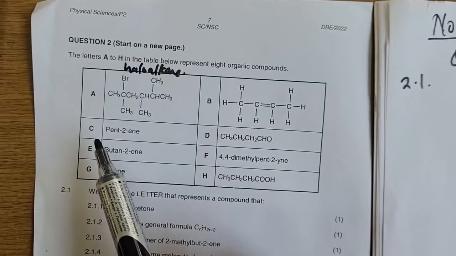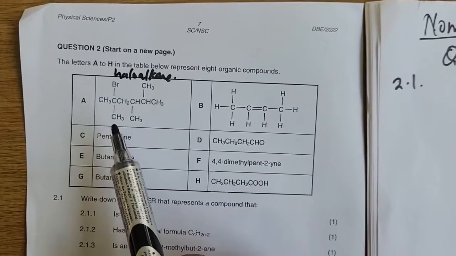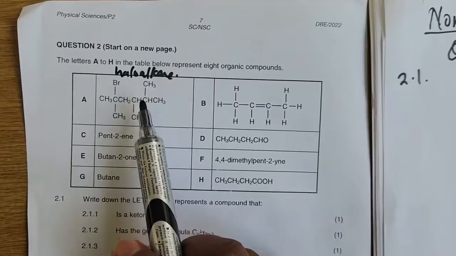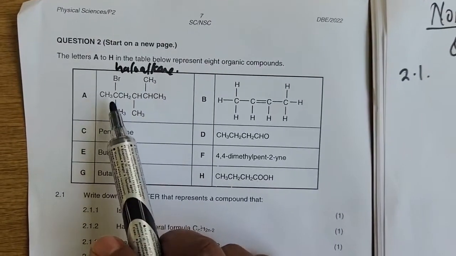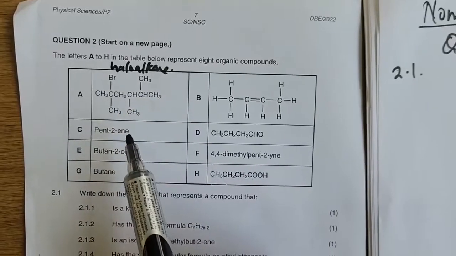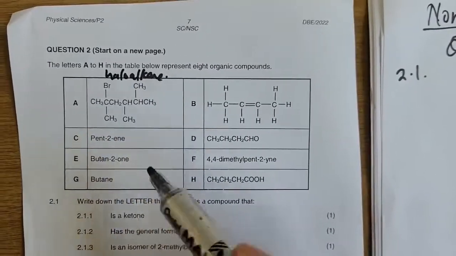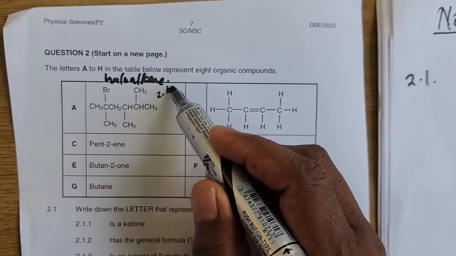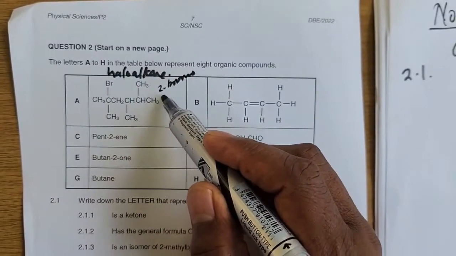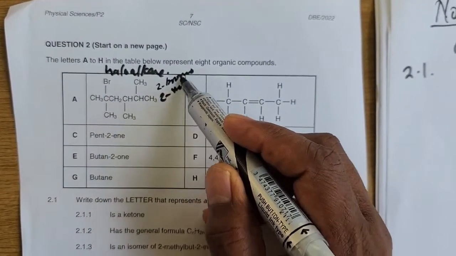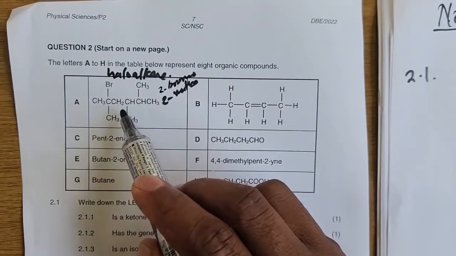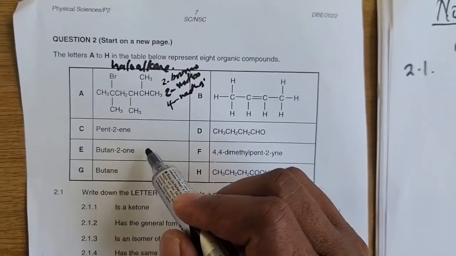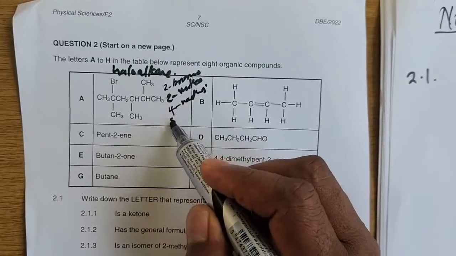Now, which side are we going to start numbering? Is it from this side? We have got a substituent at carbon number 2. This side we have got only 1. Therefore, we'll start numbering this side: 1, 2, 3, 4, 5, 6. So at carbon number 2, I've got 2-bromo, and carbon number 2 again, I've got 2-methyl, and then carbon number 4, 4-methyl again, and carbon number 5, I've got 5-methyl.